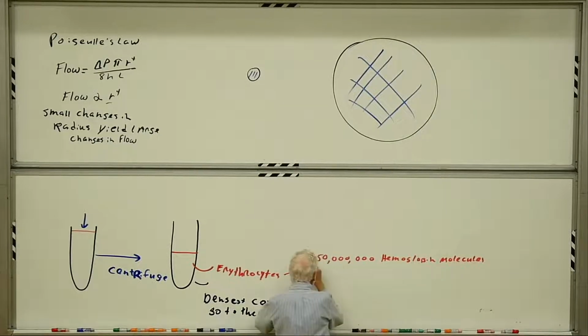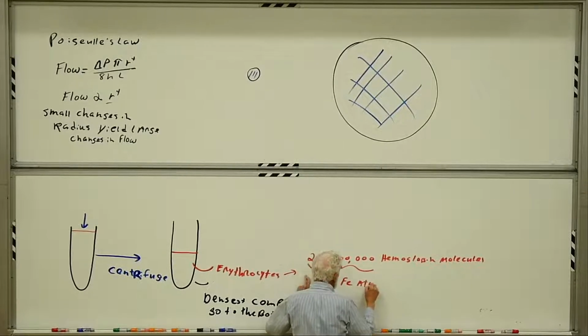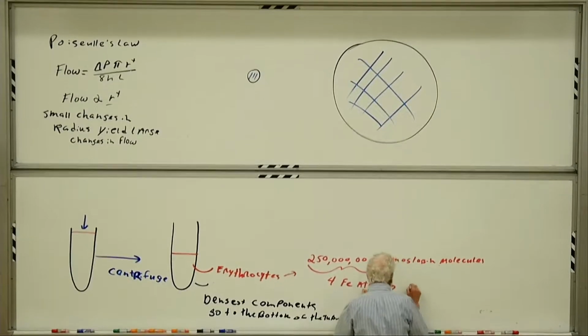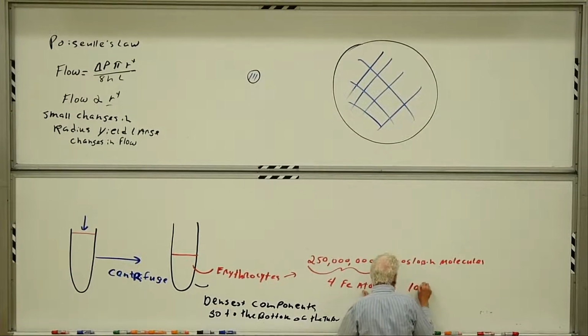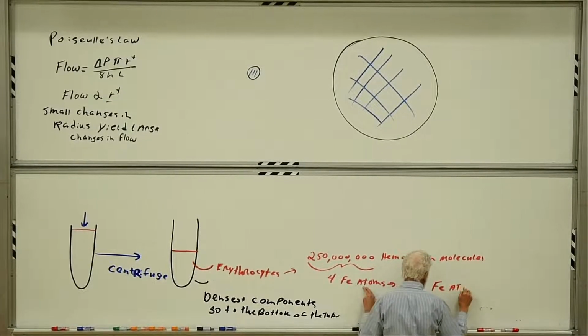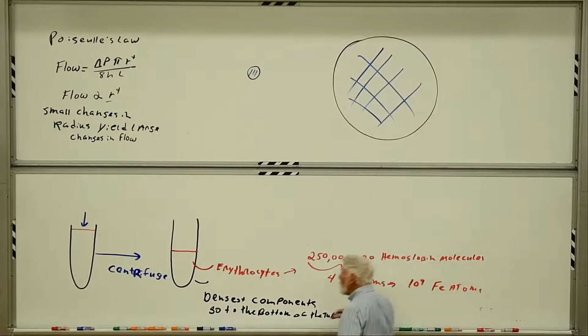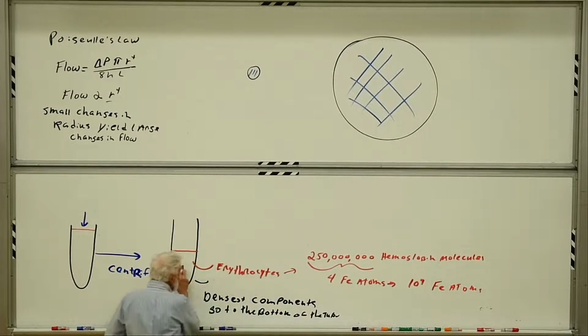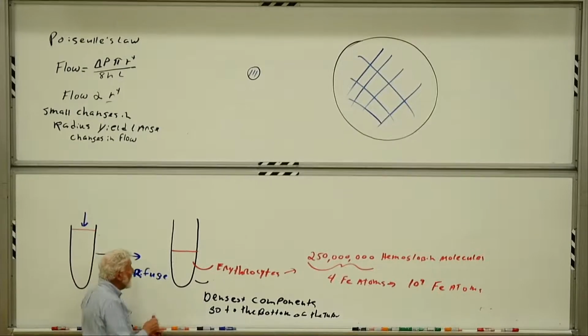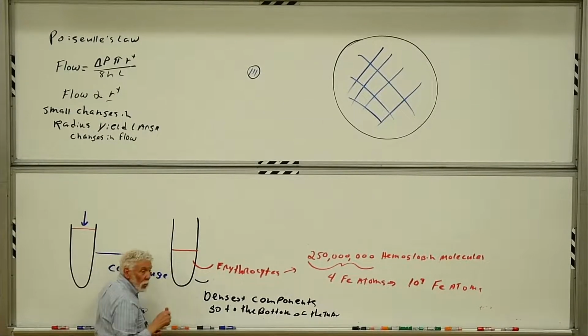And these 250 million hemoglobin molecules each contain 4 iron atoms. So that means each erythrocyte contains about 10 to the 9th iron atoms. Those billion iron atoms make those cells denser than other cells. So because of that density, these erythrocytes are spun to the bottom of the tube.